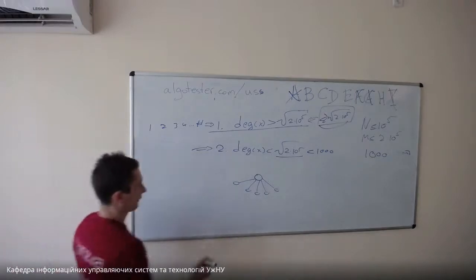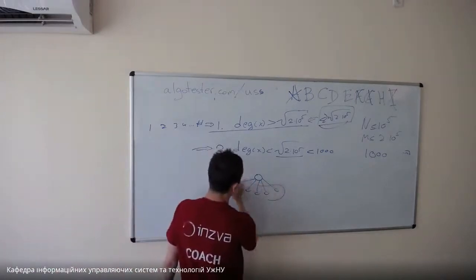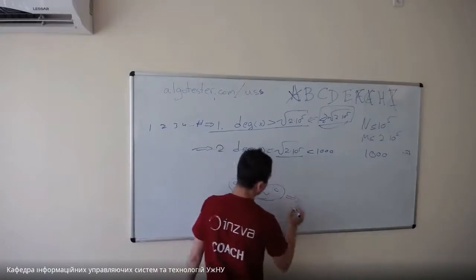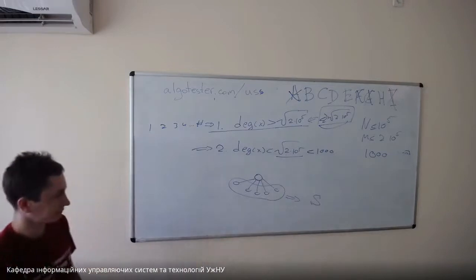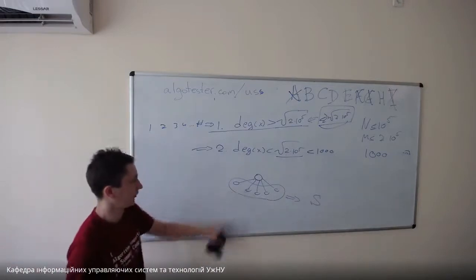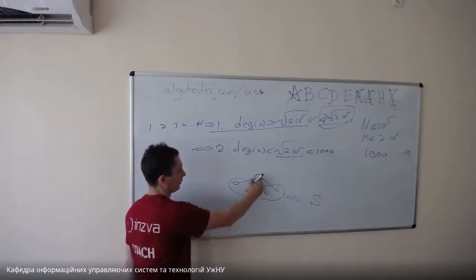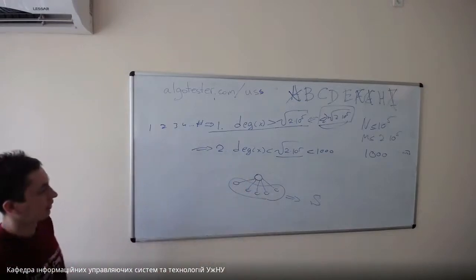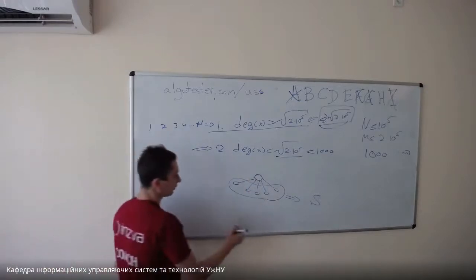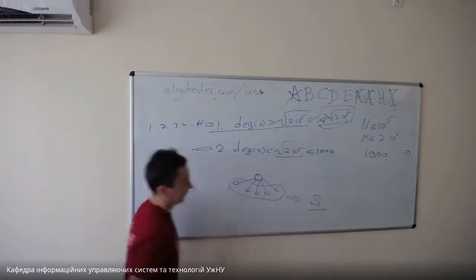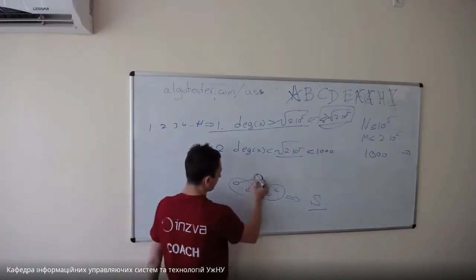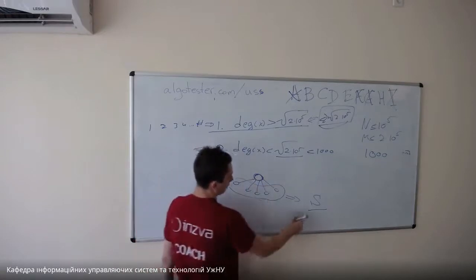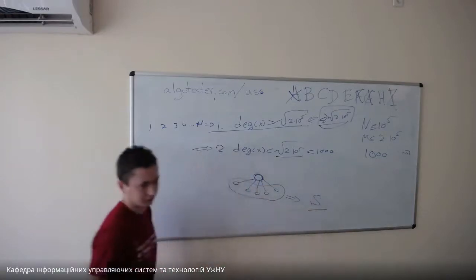All of those vertices combined produce a set S of colors. And the color of this vertex cannot be a color from this set S.